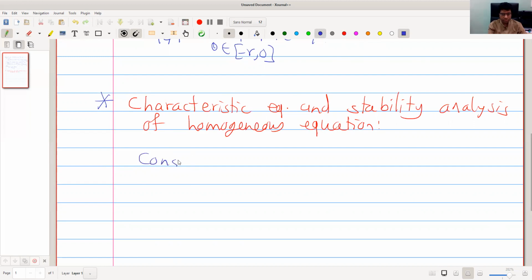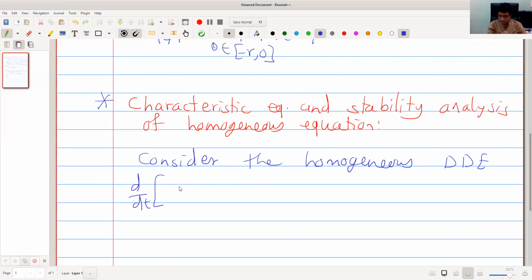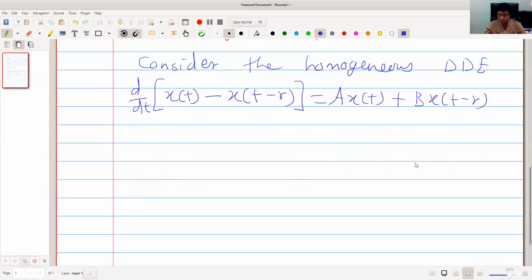Consider the homogeneous neutral differential equation d by dt of x of t minus c x of t minus r equal to a x of t plus b x of t minus r. We take f to be 0 and call this homogeneous. We call this as phi.